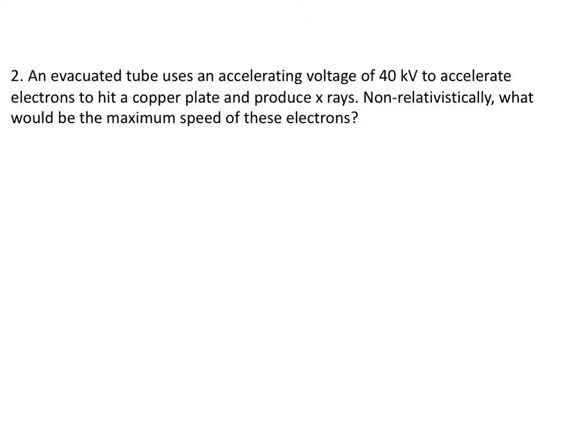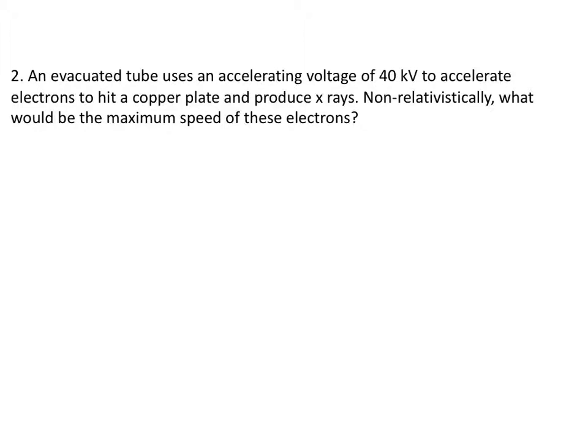Number 2, an evacuated tube uses an accelerating voltage of 40 kilovolts, 40,000 volts, to accelerate electrons to hit a copper plate and produce X-rays. An X-ray machine. Non-relativistically, again, not worrying about the factor, what would be the maximum speed of those electrons?